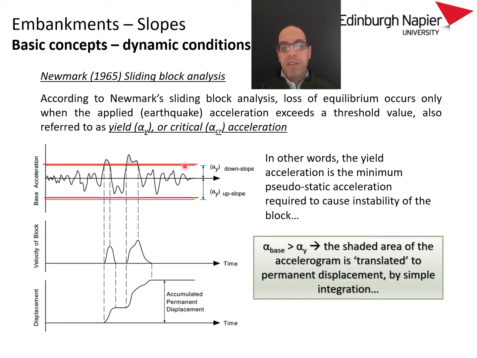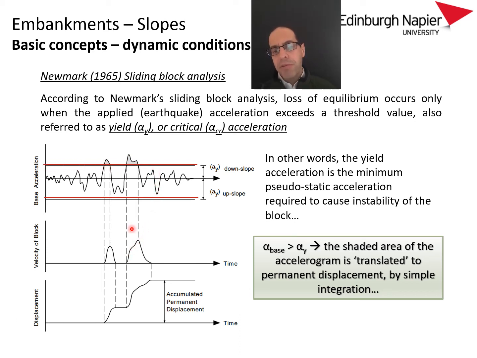experience a movement. And that means that you have a maximum and a minimum value of acceleration in the opposite directions that actually will produce movement. And that is the case, for example, in this schematic example, that the only parts of that earthquake that will produce movement on the slopes are those that are above that yield acceleration.